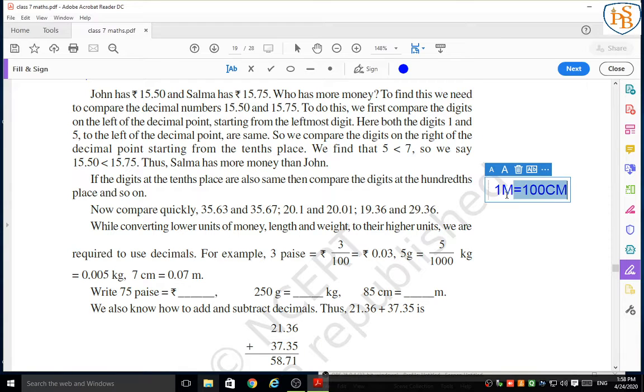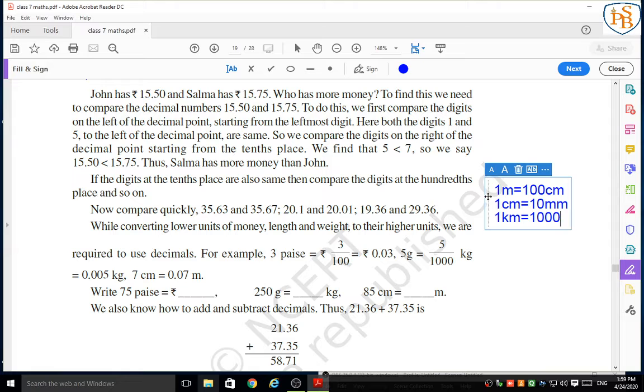Just write in your rough notebook or directly in your maths notebook. 1 meter is equal to 100 centimeter. 1 centimeter is equal to 10 millimeter. 1 kilometer is equal to 1000 meter.